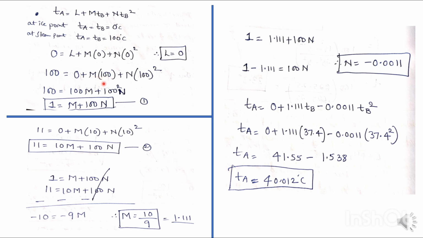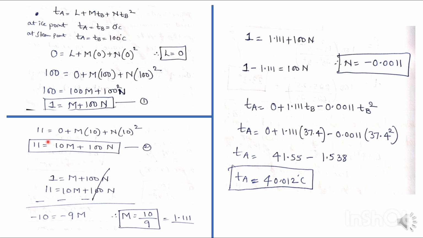This is 100M + 100²N. To simplify, I divide the entire equation by 100: 100 divided by 100 is 1, so 1 = M + 100N, since 100² is 100 times 100 and one 100 cancels. Let me call this equation 1.